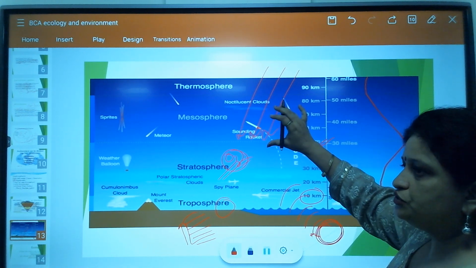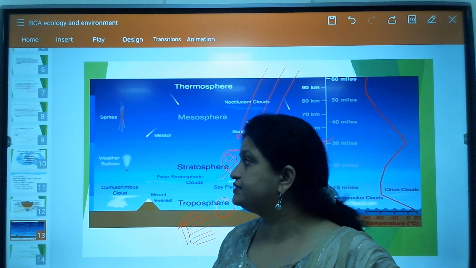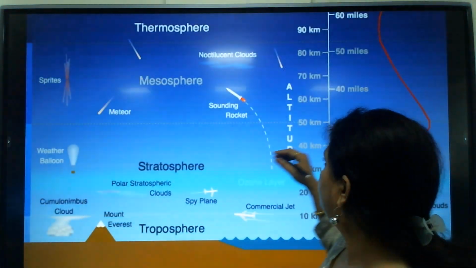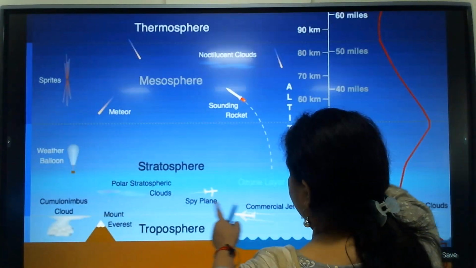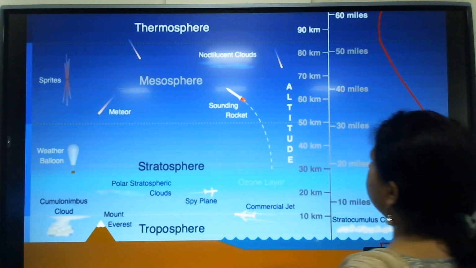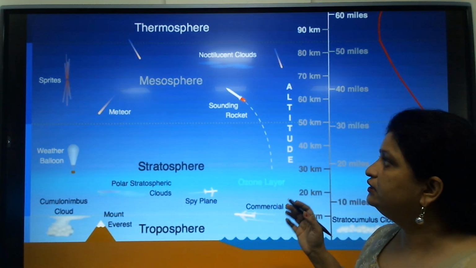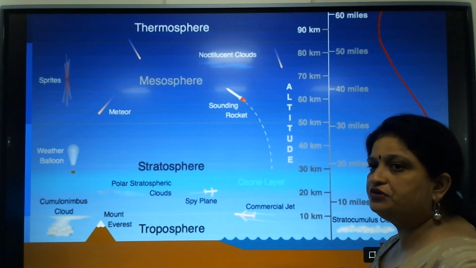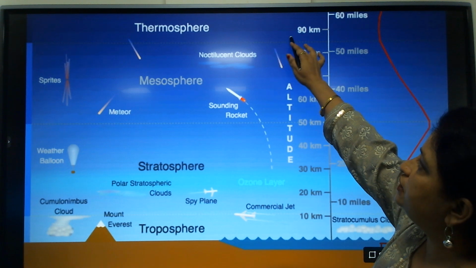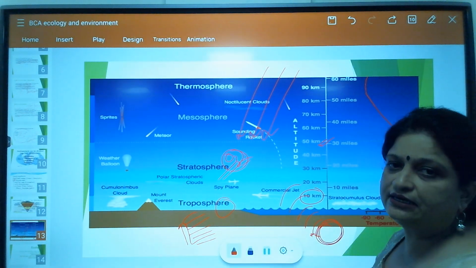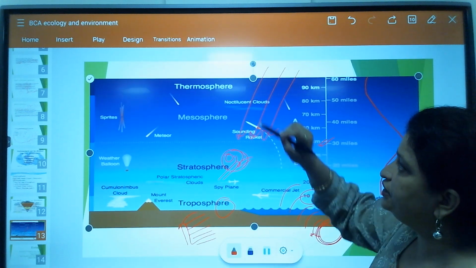The third layer is the mesosphere. The burning of meteoroids and different asteroids happens here, in the mesosphere. And the last one is the thermosphere. Temperature varies drastically in different layers, and in the thermosphere the ionic composition is present, so all the satellites are situated here.